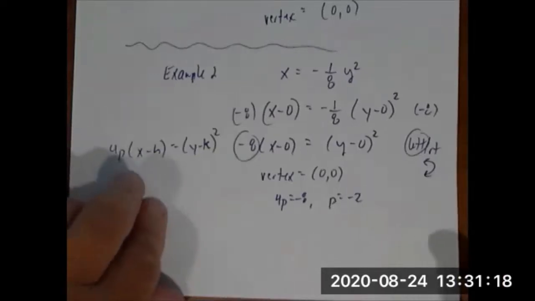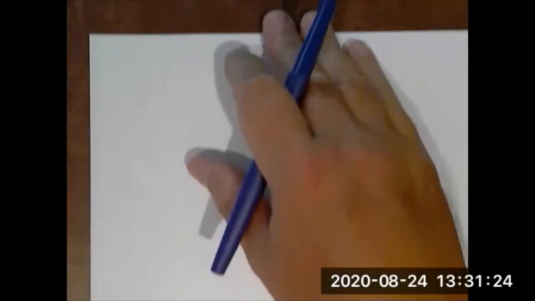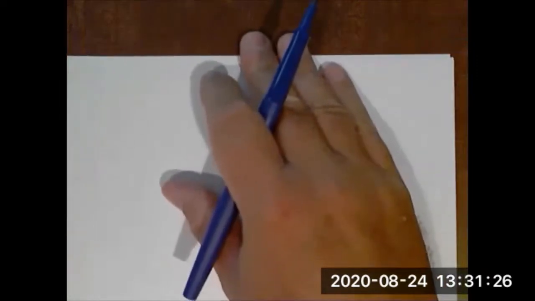Let's go ahead. I don't think I have enough room on this page, so let's start on a new page, creating my graph. And normally the way you figure out your focus and your directrix is to start graphing it.